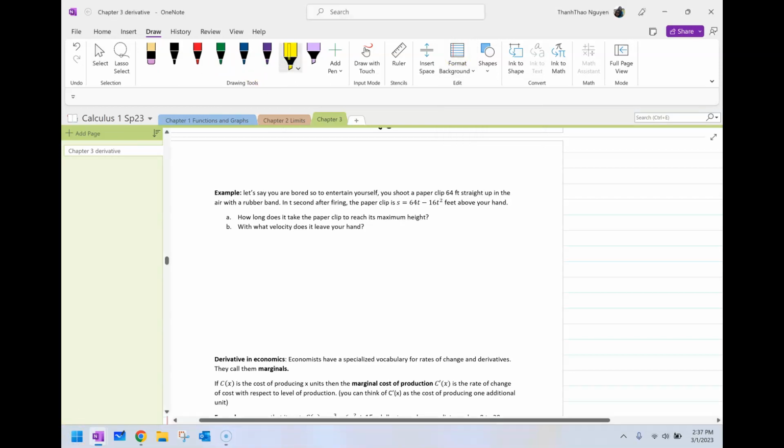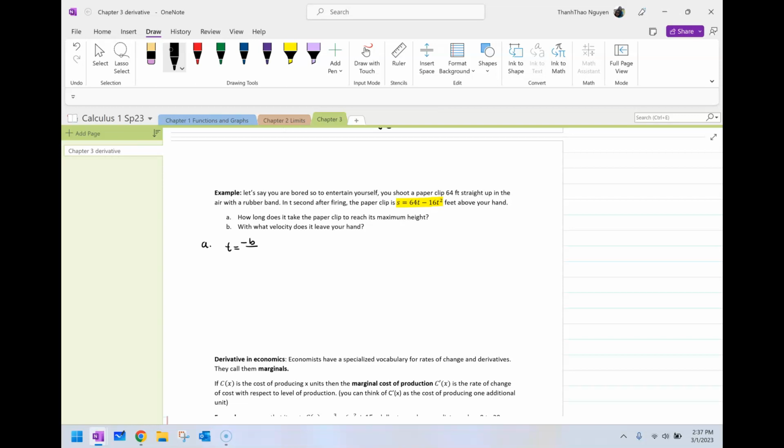You note that the position function is a quadratic function, and the graph of this function opens downward, which means the paperclip reaches maximum height at the vertex. Okay, so to find the vertex, t equals negative b over 2a, and that is negative 64 over 2 times negative 16, which makes 2.